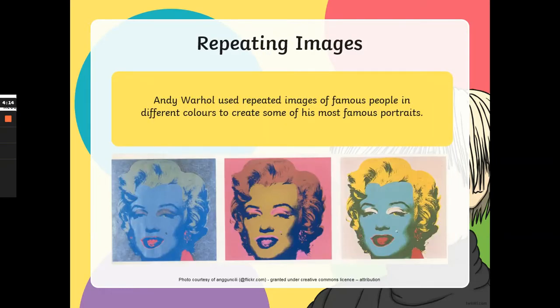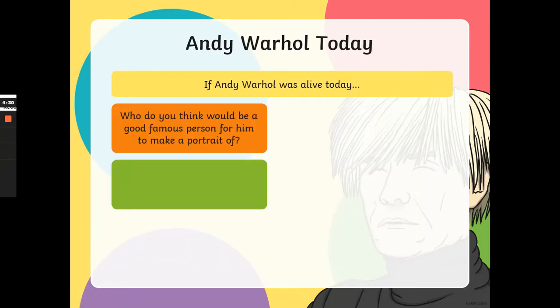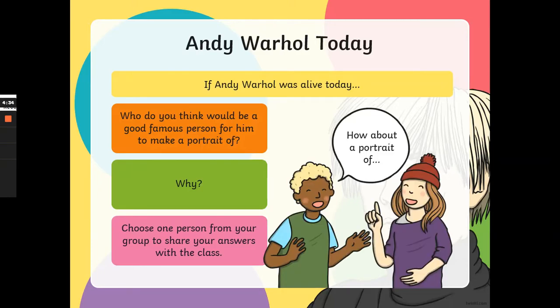Repeating images. So Andy Warhol used repeating images of famous people in different colours. So this is all the same picture, but he's changed all of the colours and then he's put them one after each other to repeat the pattern. It looks really effective. If Andy Warhol was alive today, first of all, who do you think would be a good famous person for him to make a portrait of?